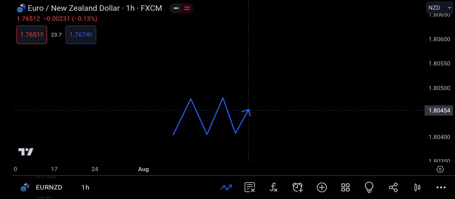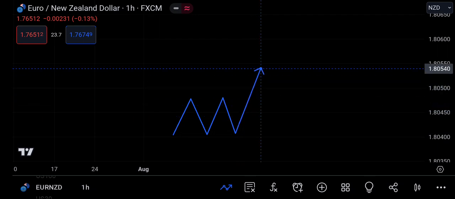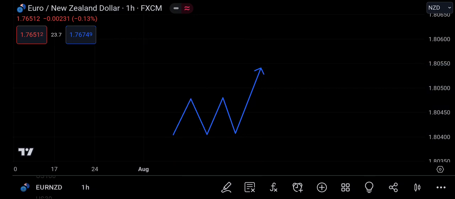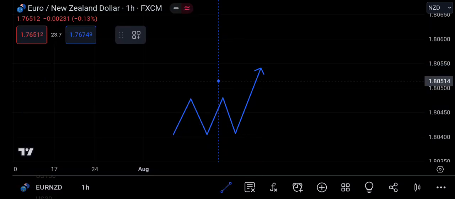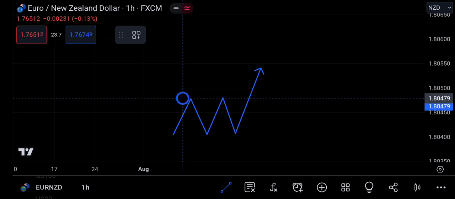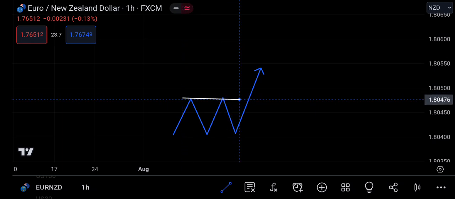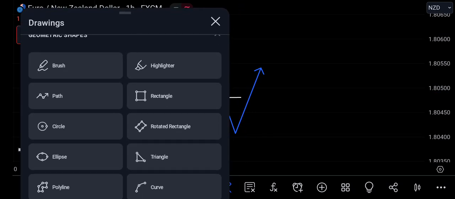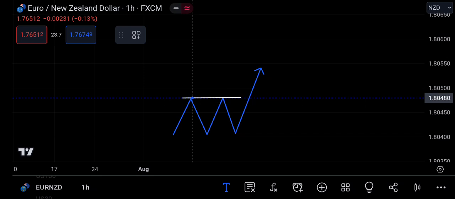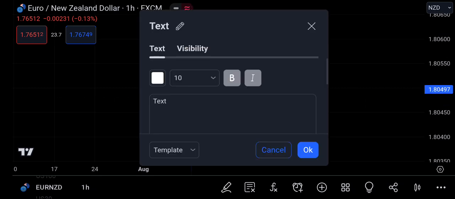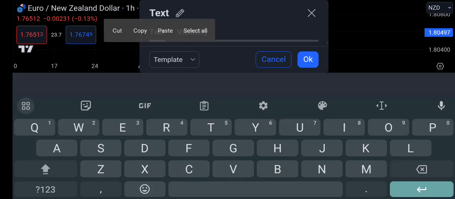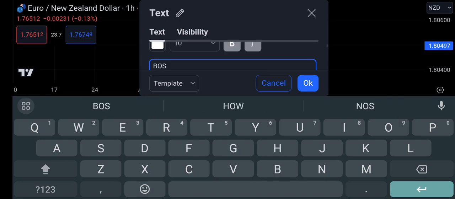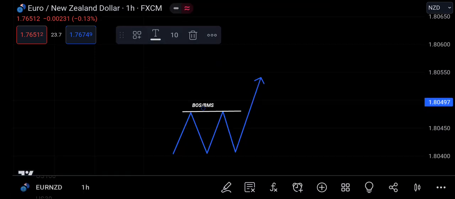The moment you see the market breaking a high, this is what we call a break of structure. You're normally going to see our setups put in a text like this. A lot of people name it in different ways, but I normally like to use the BMS. It looks a bit fancy.